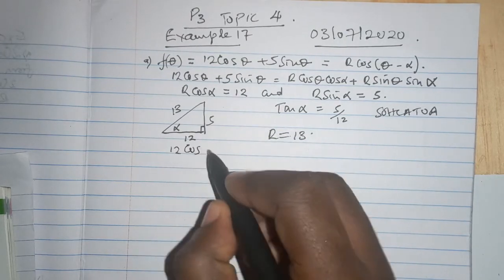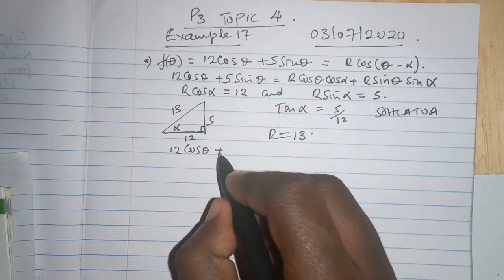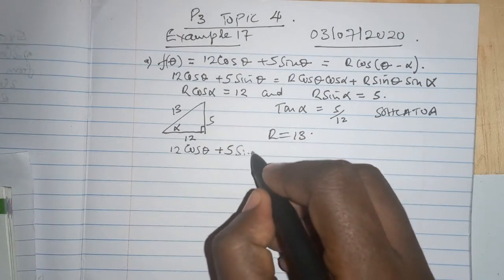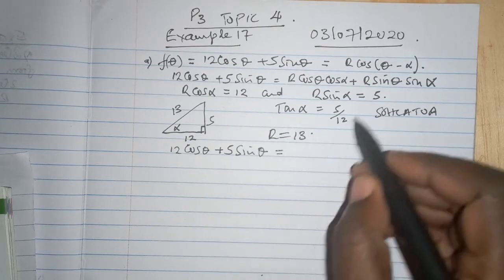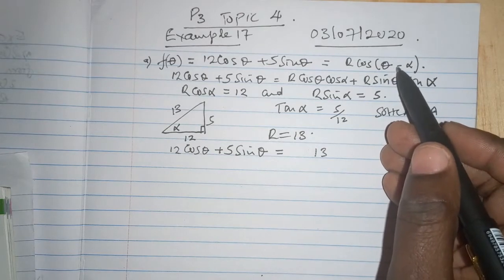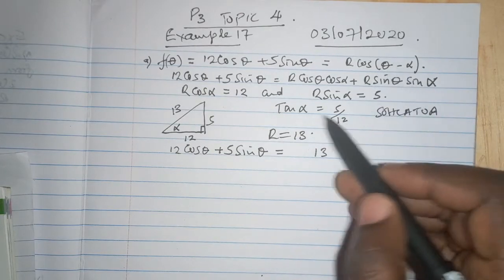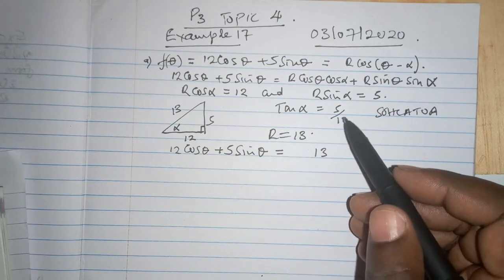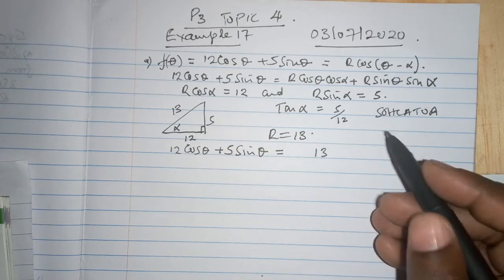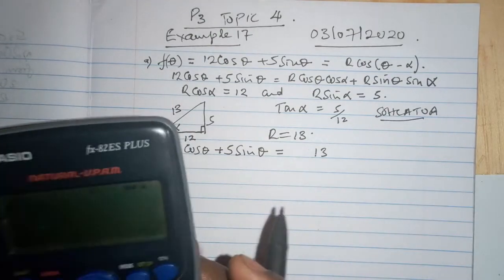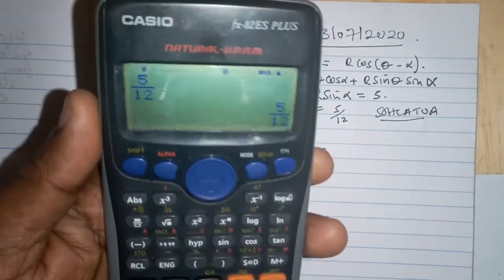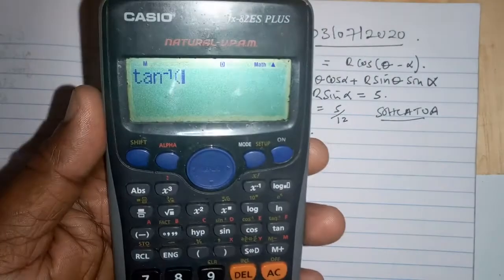So yes, 12 cos theta plus 5 sine theta is equal to r, which is 13. But before we go to 13, let us first of all find what is alpha. There is a certain angle alpha whose tangent is 5 over 12. So we go to 5 over 12 and shift tan answer.